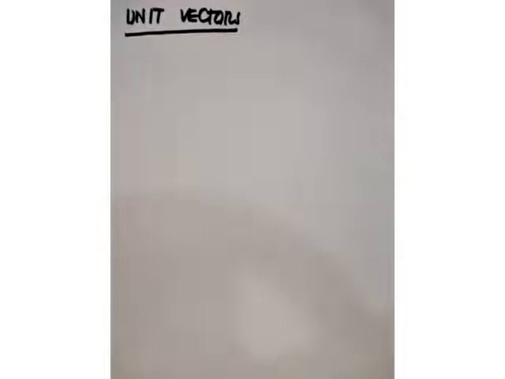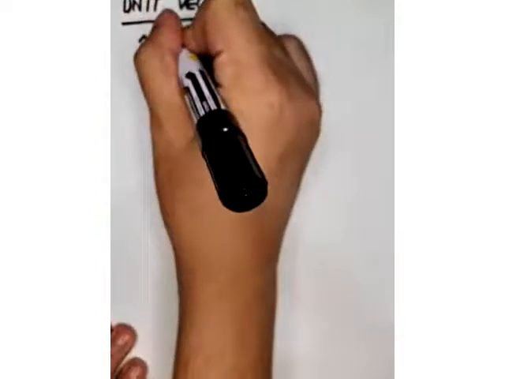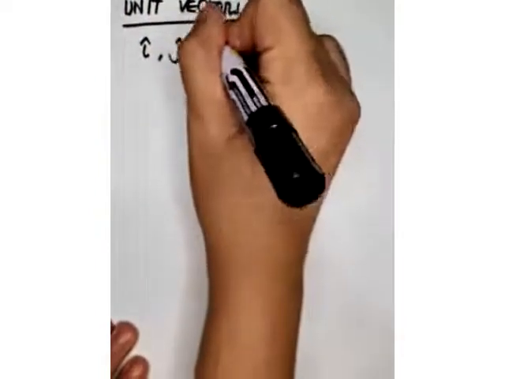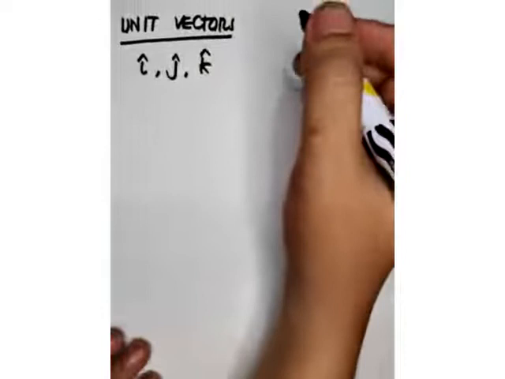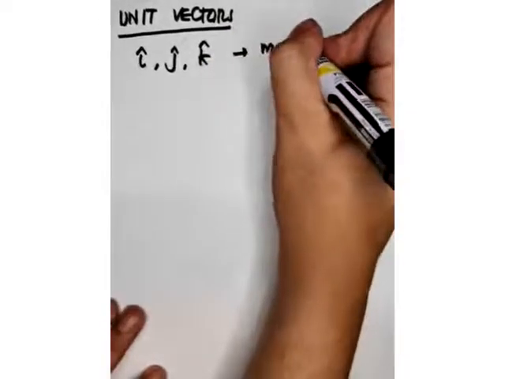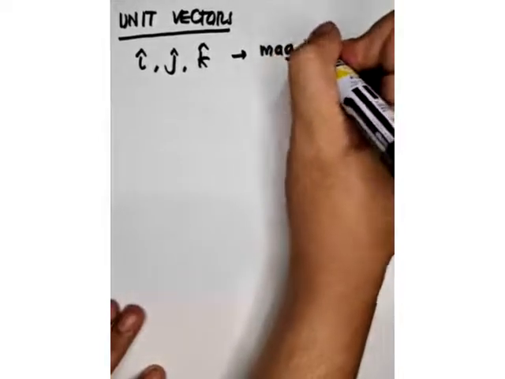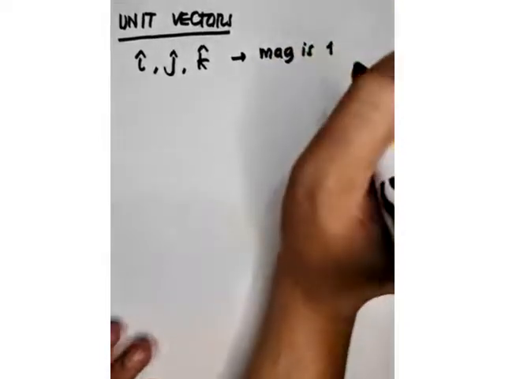Kung makakita kayo ng mga libro at meron kayong makikitang mga sign na I hat, J hat, at saka K hat, ito ay mga unit vectors. Vectors kasi meron silang magnitude and direction. Kaya sinasabing unit vector kasi ang magnitude nila is 1, 1 unit.